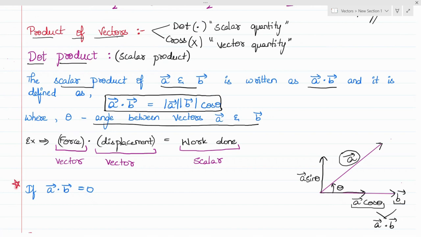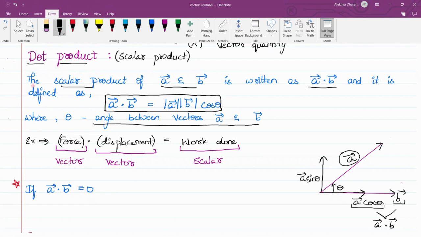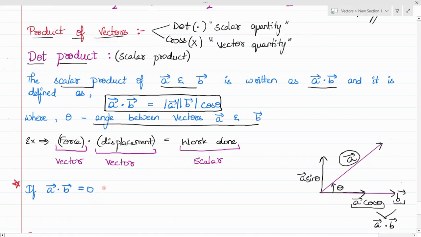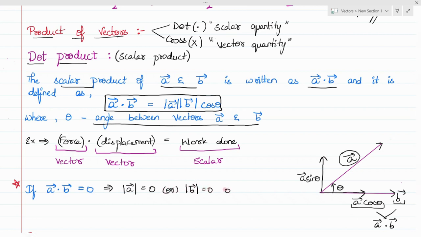A very important note here: if A dot B is 0, what does it tell? It means magnitude of A can be 0, or magnitude of B can be 0, or cos theta can be 0, according to the formula.